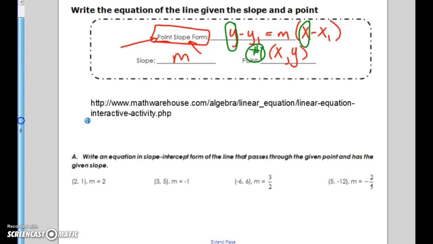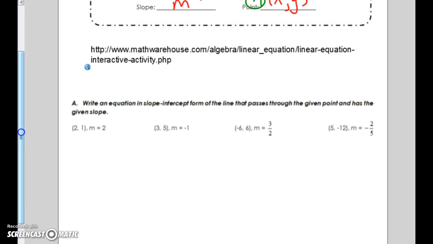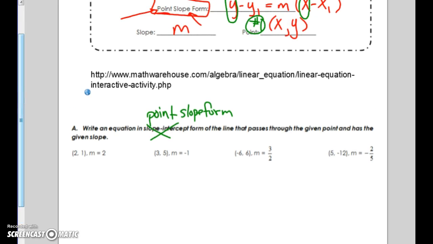So, right down here, I want these to be in point slope form. Let's work this one together. So I have my equation. It's going to be y minus y1. Well, what's my y value in the point they gave me? 1. That's going to be equal to m, which is my slope, which is 2.